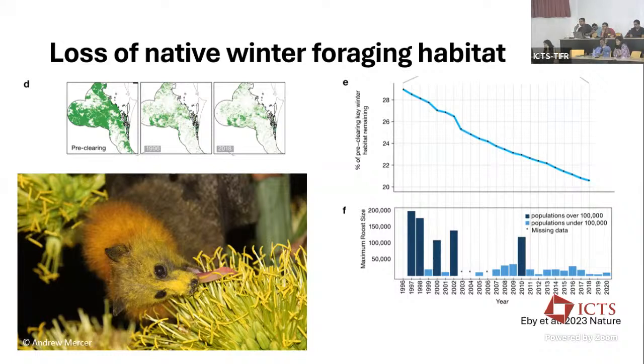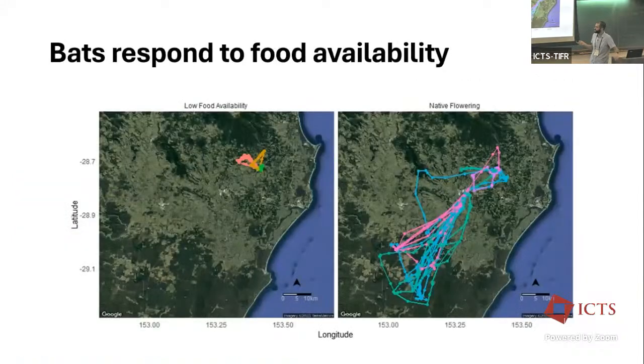I think that's part of it. They may try to just find whatever they can. The other thing that's happening here, and I'll talk about it in a minute, is that historically these bats were flying over wide areas and feeding on these nectar resources as they became available. They only clumped up and had these really large populations when there was enough of a resource, a good flowering event at a given space and time.